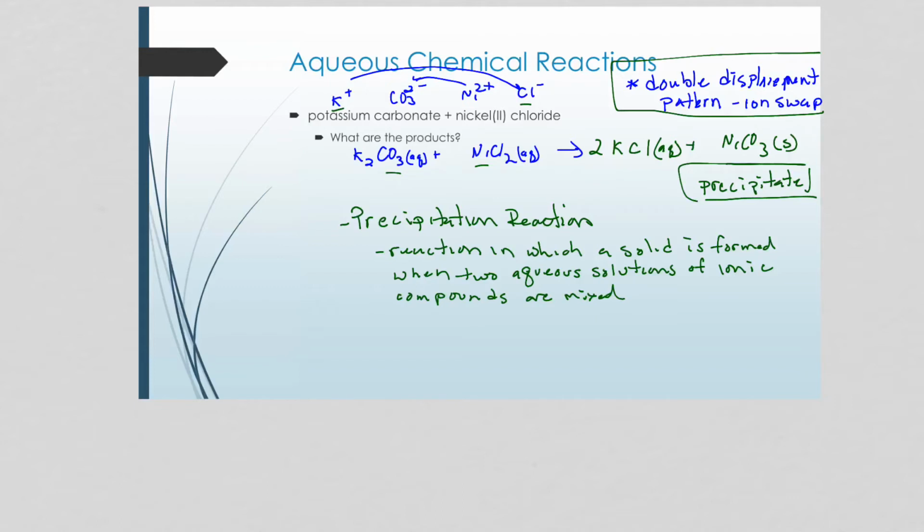So let's review here the process. What did we do to get here? So we can break this down into, say, 5 steps. So the first thing we did here, right, was we determine the ions present.